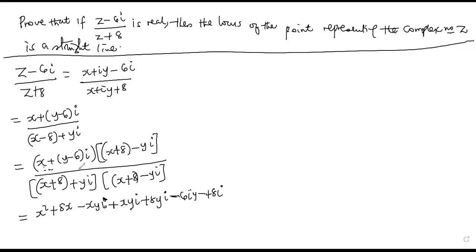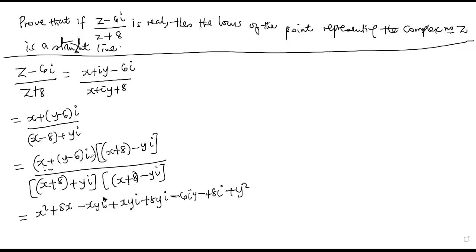Then we also multiply this and this, so it will be plus y squared. Then this is negative 6i times yi.